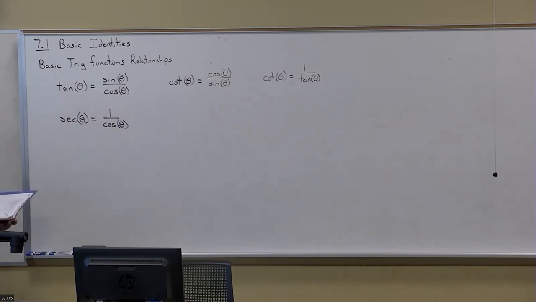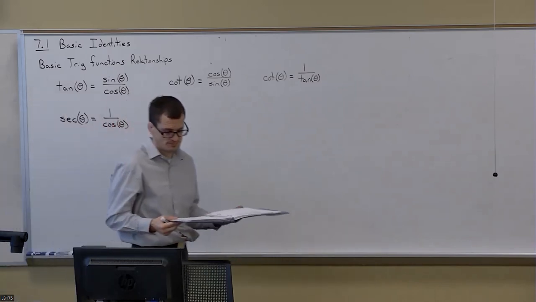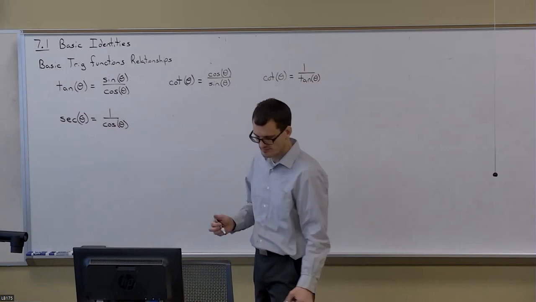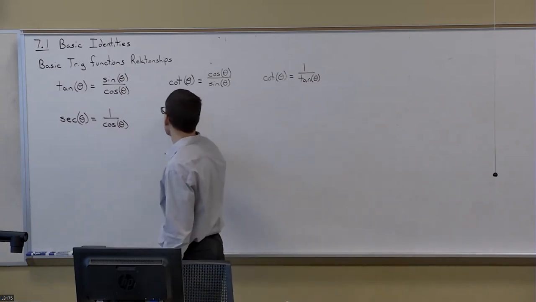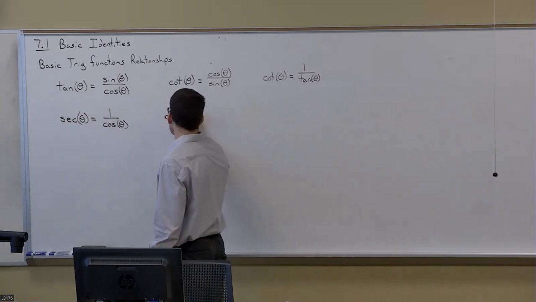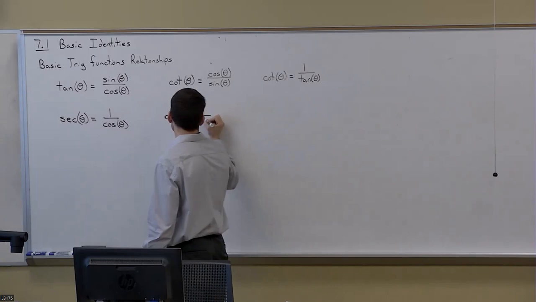Another basic relationship that we've already seen. We've seen cosecant is 1 over sine.